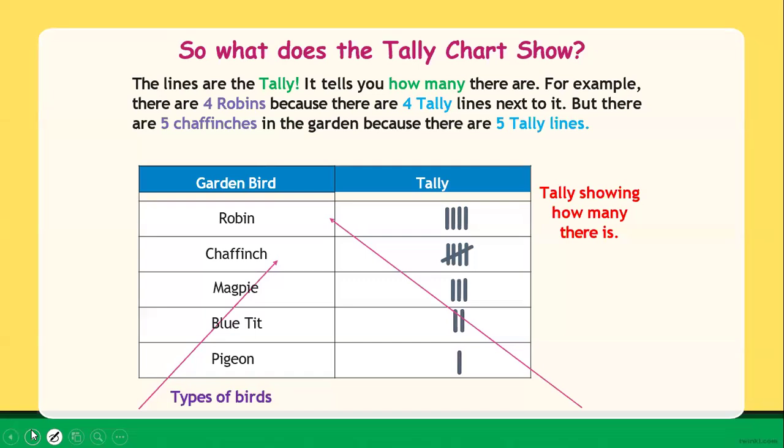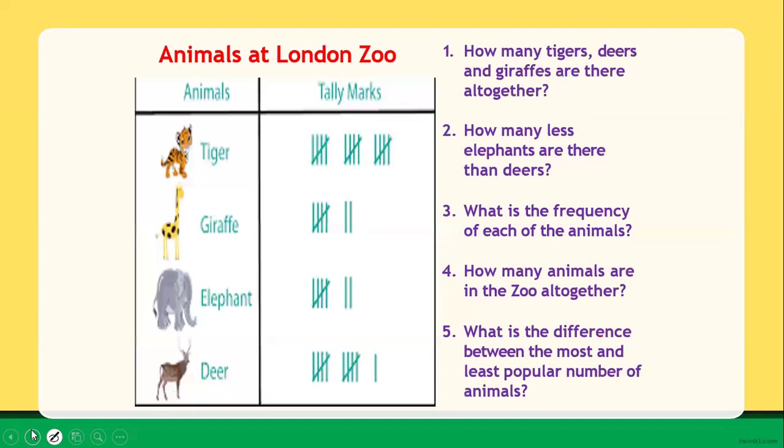Looking at the tally of the birds, it shows us how many they are. If you find there are 4, that means there are 4. If you find there are 5, then it means there are 5. So you need to be very careful when you are making your tallies. So they show you how many they are.